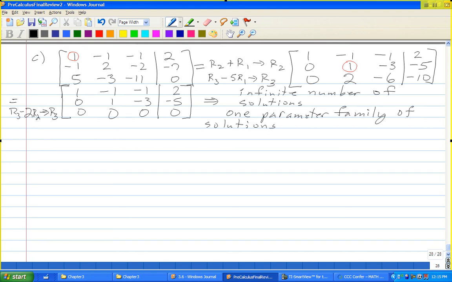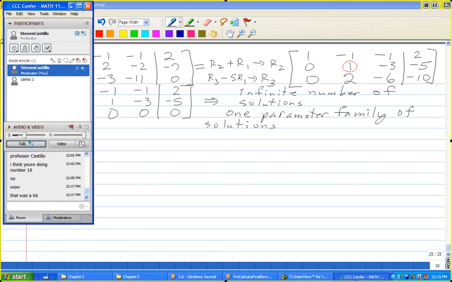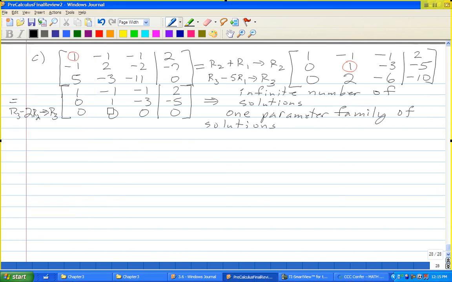Okay, so that was a lot. And that's because notice you have 0x plus 0y plus 0z equals 0. And so basically, this is now underdetermined because you really only have two equations and three unknowns.